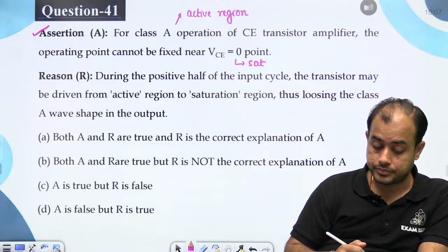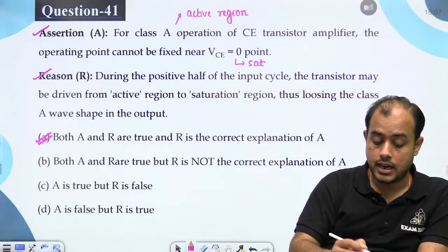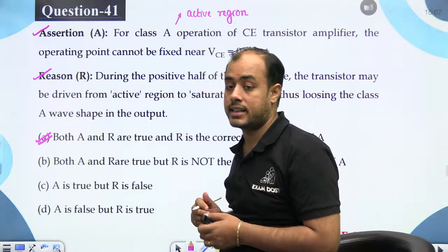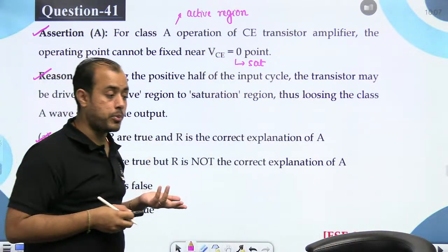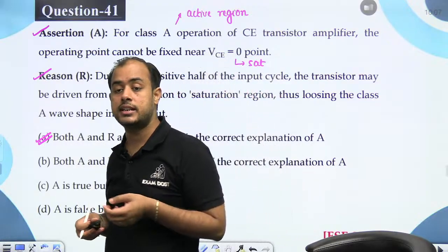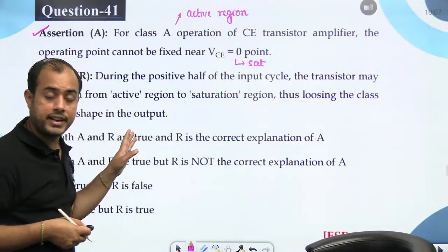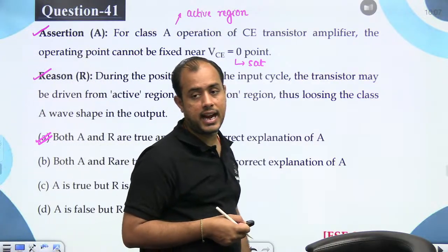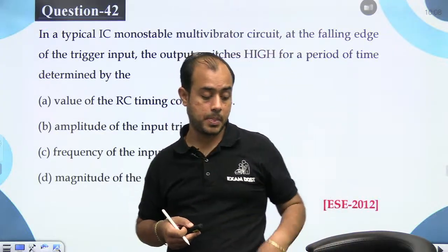Absolutely correct. अगर आप VCE 0 के पास रखोगे, if you keep it near to VCE 0 during the positive half cycle, transistor will go into the saturation and the shape will be distorted. The main advantage of class A is that it does not distort the shape. ये shape खराब नहीं करता.